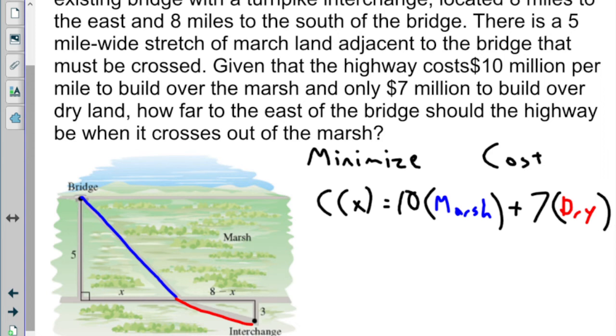So we want to think about how we are going to write those two distances that I just drew in terms of x. I'll give you a moment to ponder. Because remember, our goal is to have it all in one variable. So see if you can pick out how we can write both of these in terms of x.